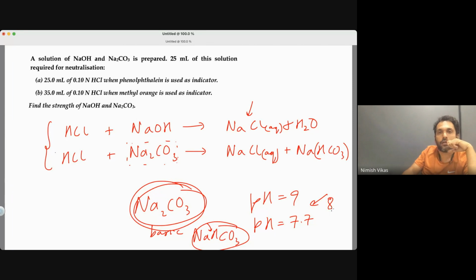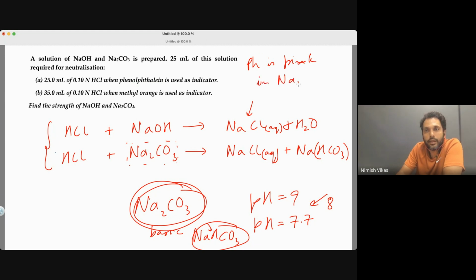Is that clear? So what you have to memorize as chemistry knowledge is phenolphthalein is pink in Na2CO3 and phenolphthalein is colorless in NaHCO3, so you can note it down. Phenolphthalein is pink in Na2CO3 because it is quite basic, with respect to phenolphthalein as an indicator.